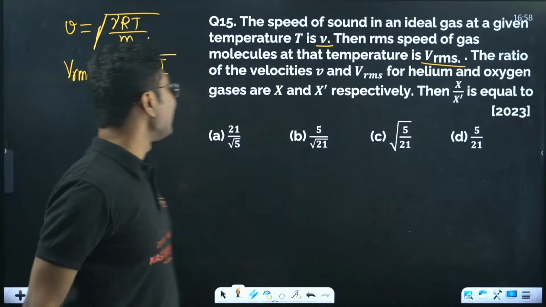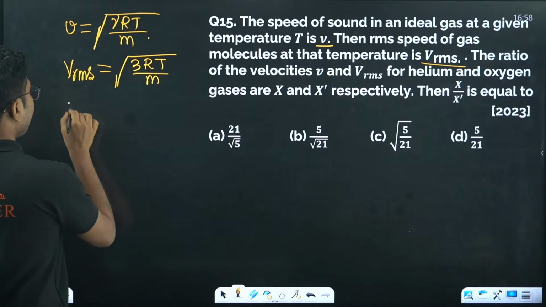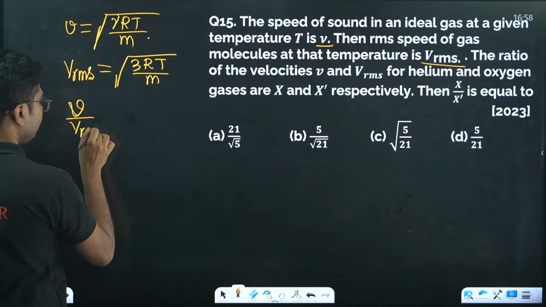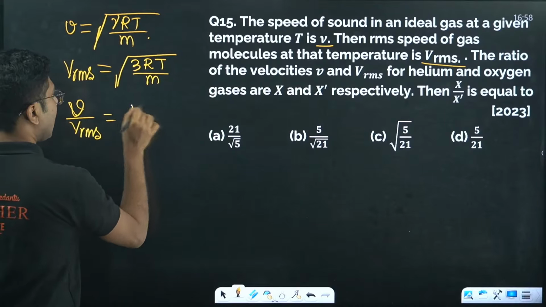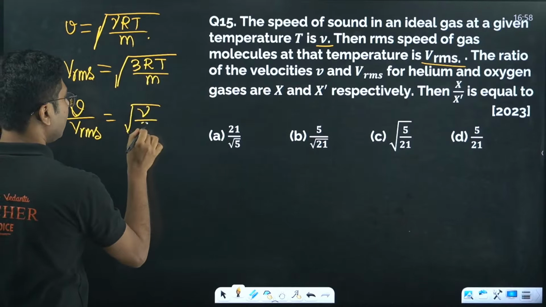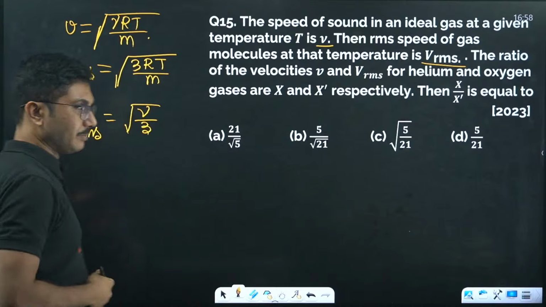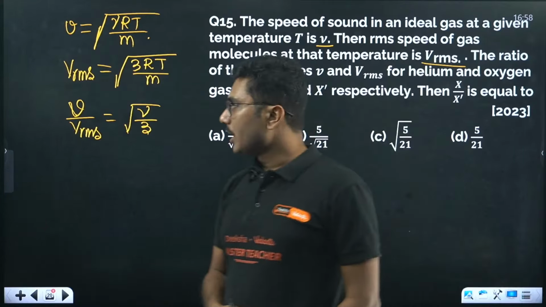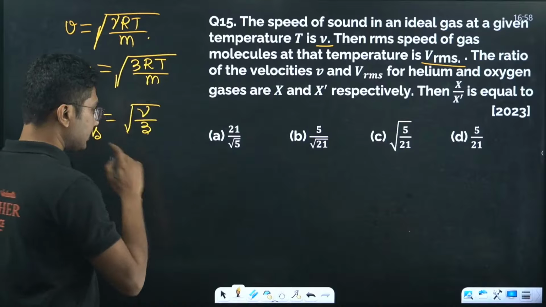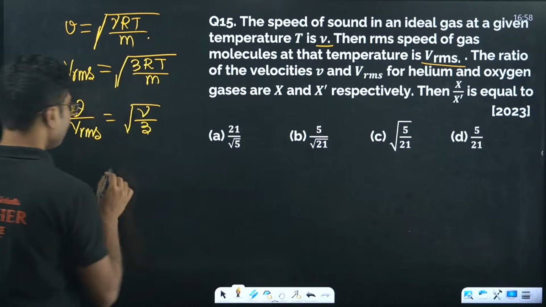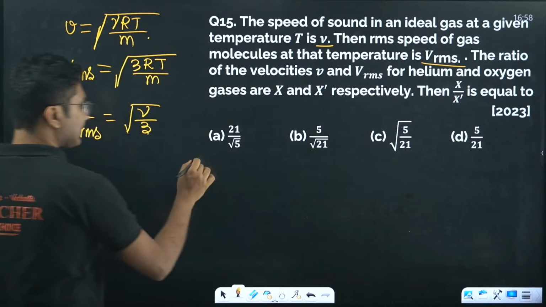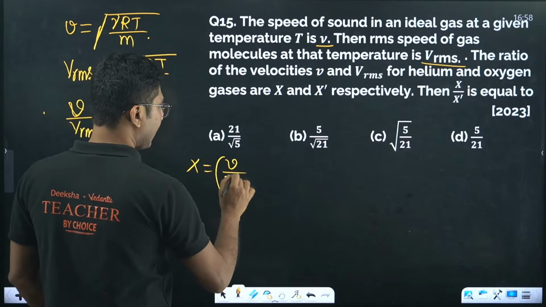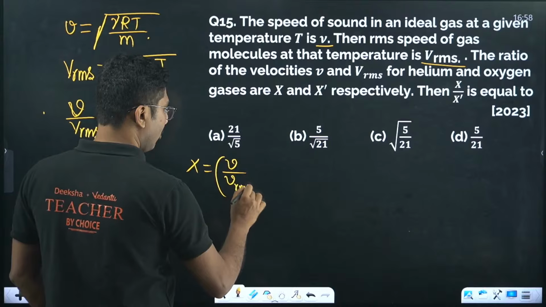So what is the ratio? The ratio V by VRMS is root of gamma by 3, that is, gamma divided by 3 under a root. This is a fixed ratio, always remember. Now what about helium and oxygen? This ratio is x for helium, that means V by VRMS of helium.